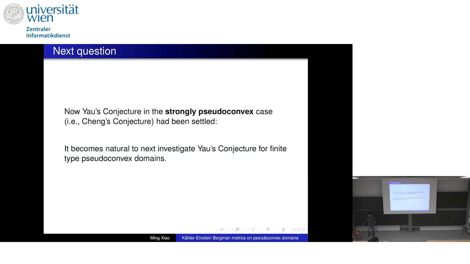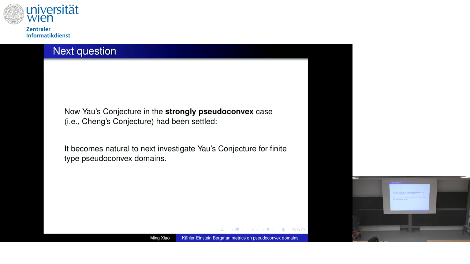Now, what we have discussed is only about the strongly pseudoconvex case. So we have convinced ourselves that the special case of Yau's conjecture for strong pseudoconvexity, that is, Cheng's conjecture, has been settled and proved to be true.